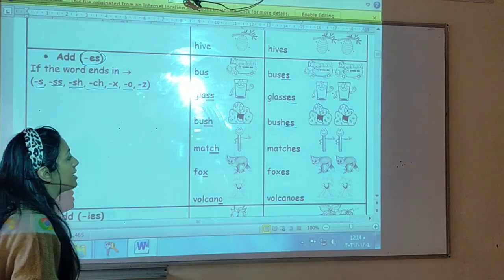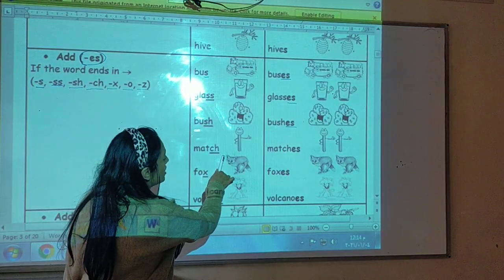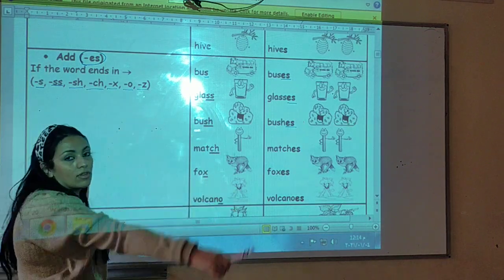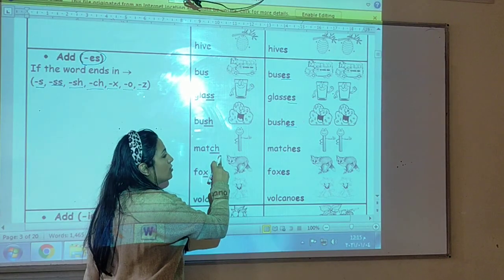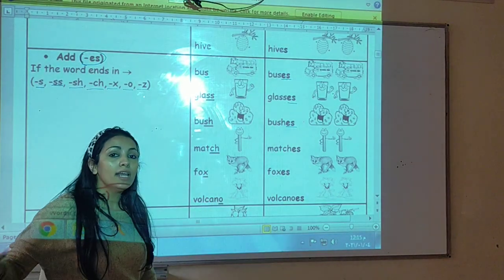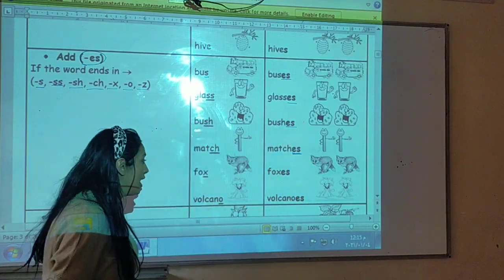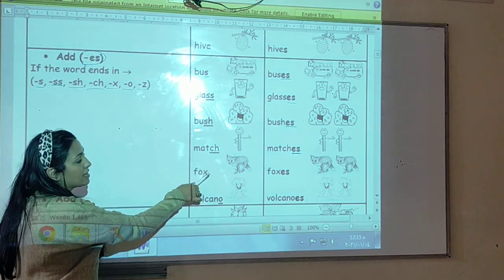Okay? Next, match. Look here, match ends with ch. Is ch one of the letters of the exception case? Yes. So ch, what are we going to do in the plural form? We are going to add es, not only s. Okay? Look here, fox ends with x.